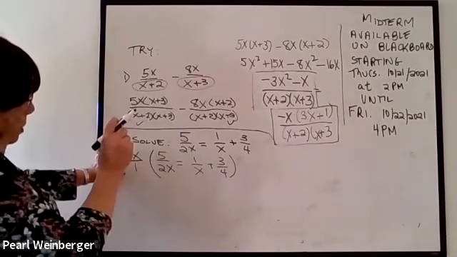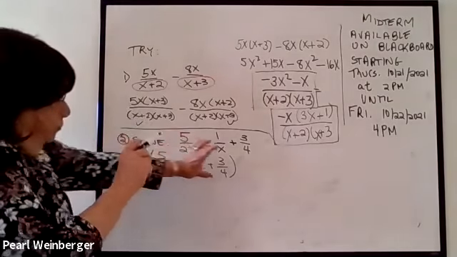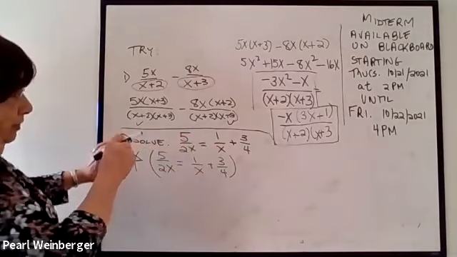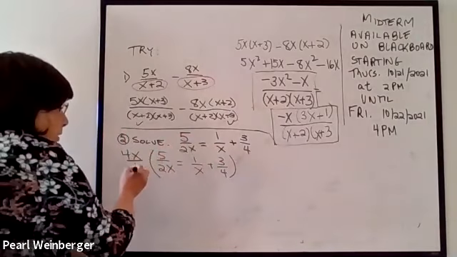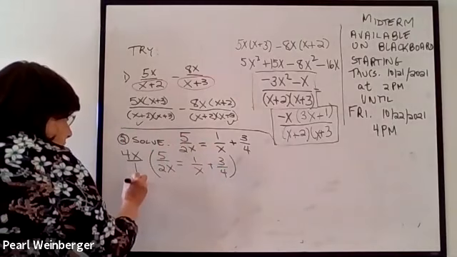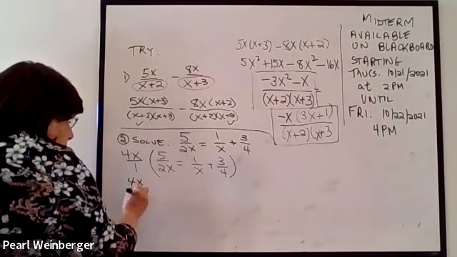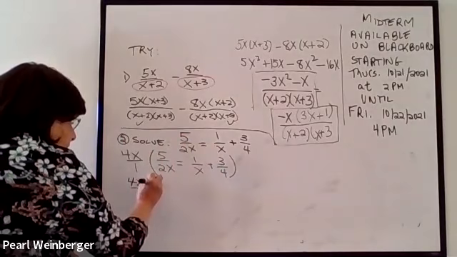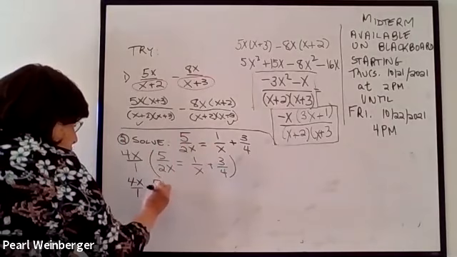Okay, now when we're multiplying something by the whole equation, we have to use the distributive property. So let's just write it out. We're going to have to take the 4x over 1 and multiply it by the 5 over the 2x.